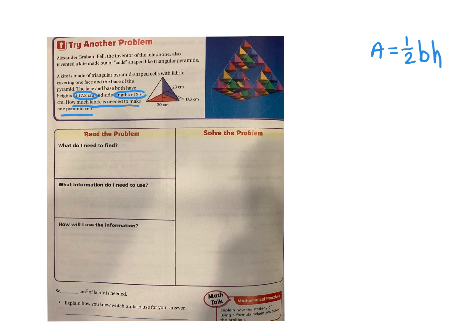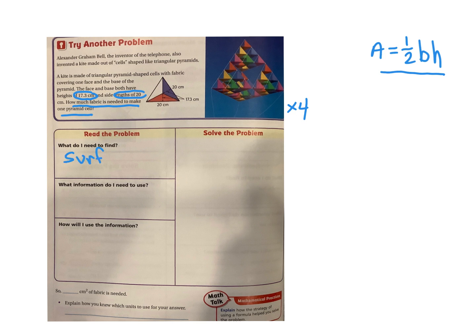Sometimes the base isn't the same dimensions, but in this case, it is. So I have 1, 2, 3 the face, and 4 the bottom, 4 triangles that are all the same dimensions. When I find out what the area of one of those triangles is, I will multiply it by 4.